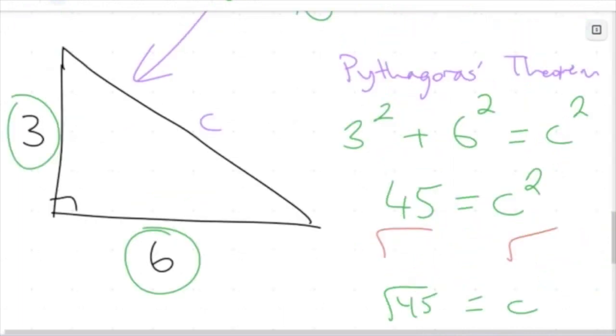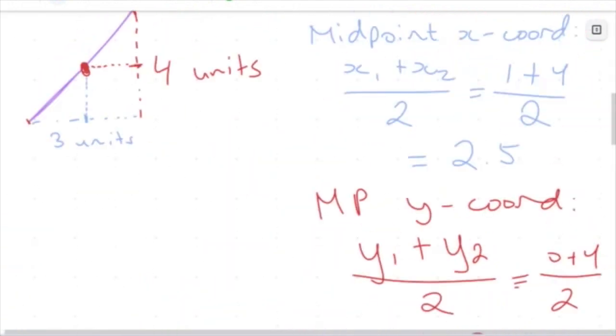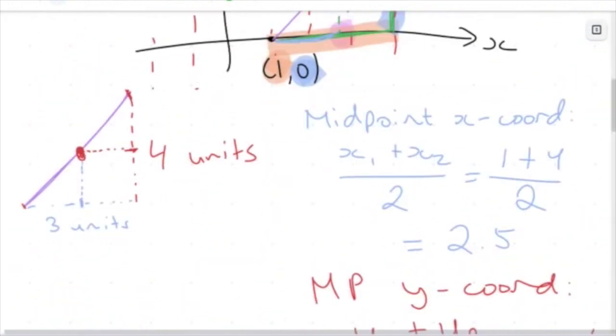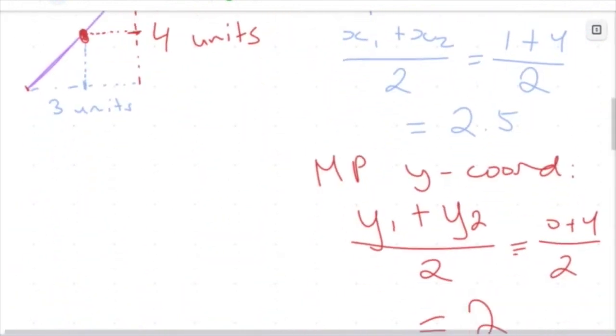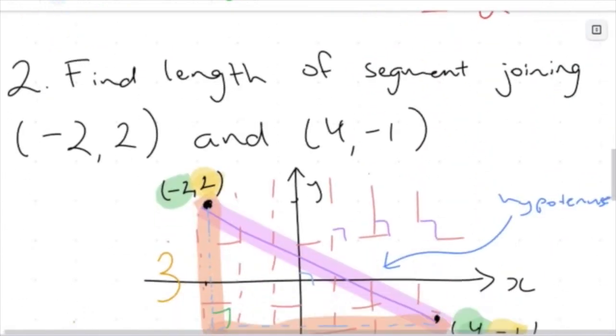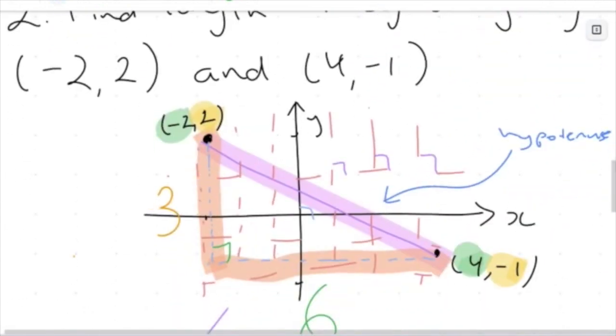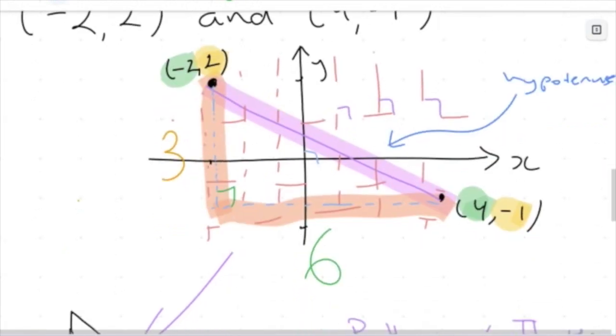With midpoint, we thought about averaging 2 coordinates to find an exact midpoint. With finding the length of a segment, we are taking these points and joining these corners and making right angle triangles. Once we construct these, we can just find each individual length, but it's just a matter of counting. That's all we have to do.